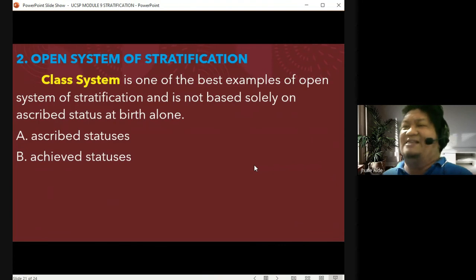So with that, that's the achieved status. Okay? So maraming halimbawa ng achieved status. Basta estado sa buhay na na-achieve mo because of what you did or dahil sa mga pagsisikap mo. Okay? So halimbawa sila ng class, open class system.